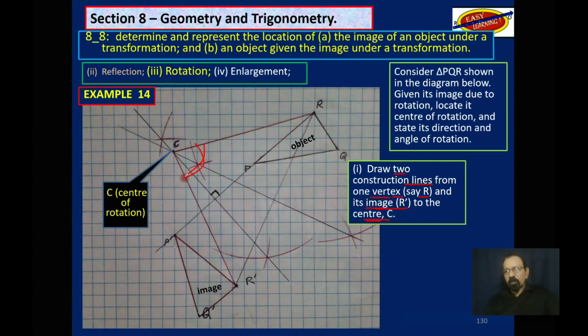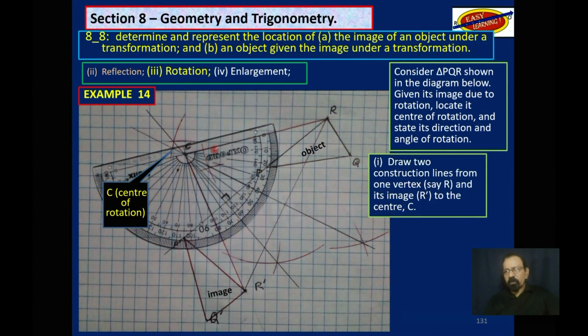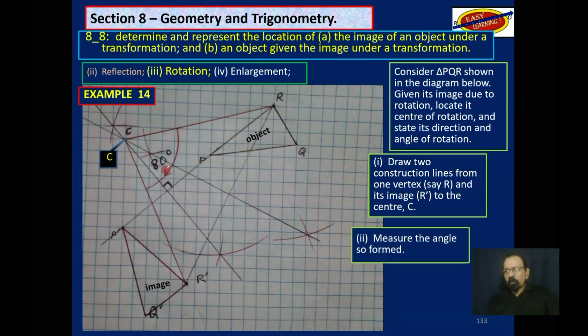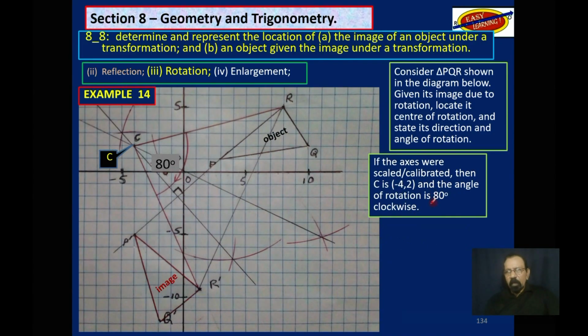And you measure that using a protractor, as you could see, from here to there. That will be 60, 70, 80. So this is an angle of 80 degrees, and you can already see that it is clockwise. So measure the angle. We get 80 degrees clockwise, and we have the center of rotation.